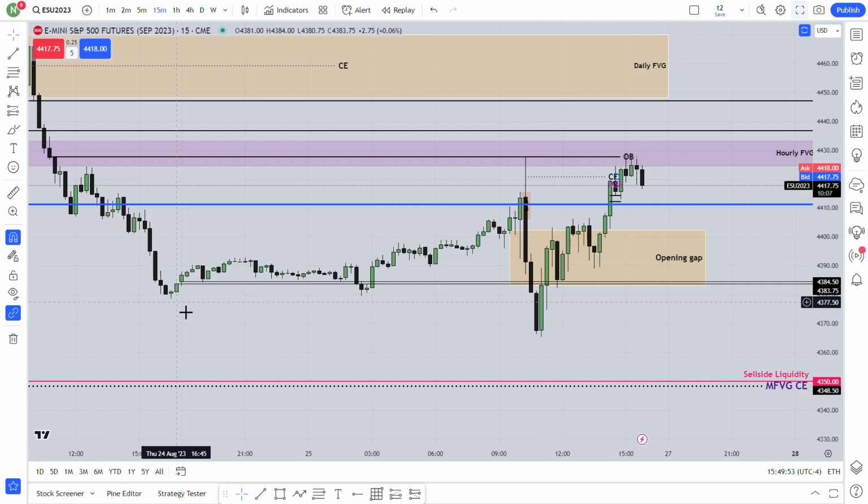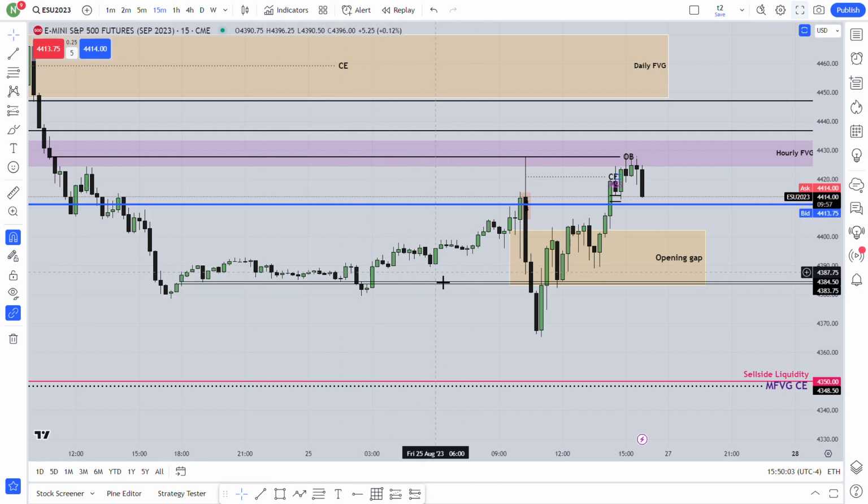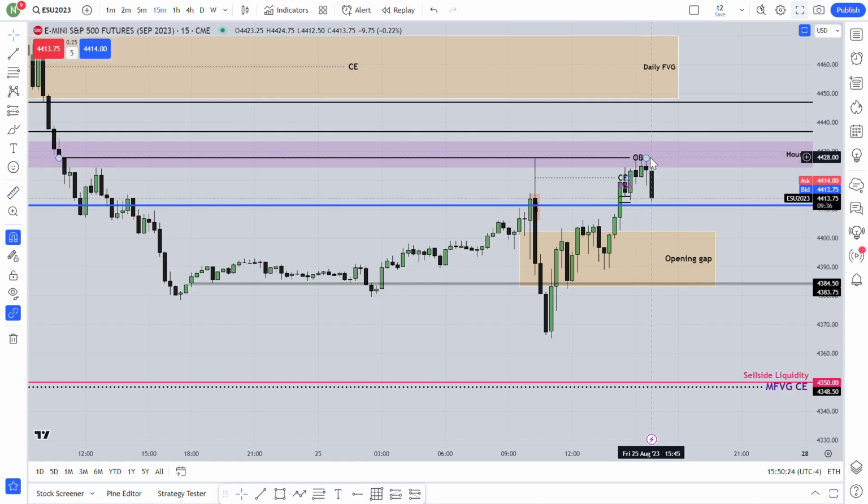If you have watched my live execution, you will see I marked so many sell side levels over here, all of this sell side, I marked for executing my AM session silver bullet trade. That's a nice run. Actually, I was hoping for that, but I didn't take this trade.